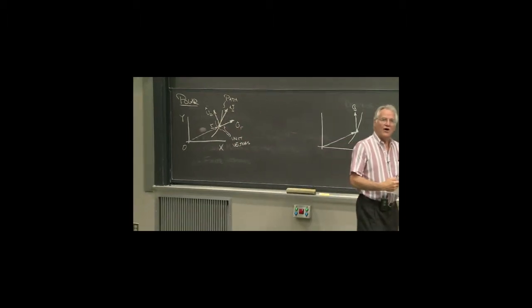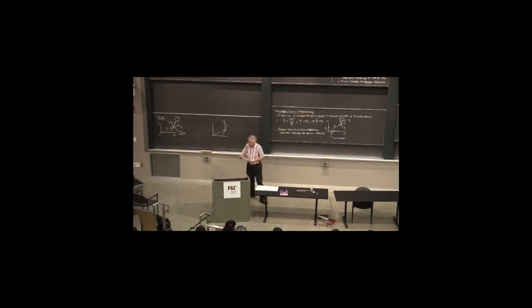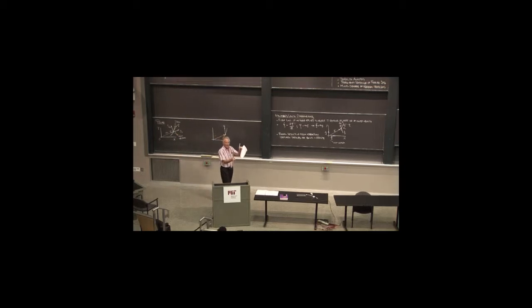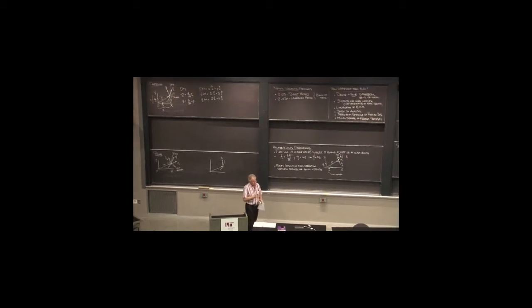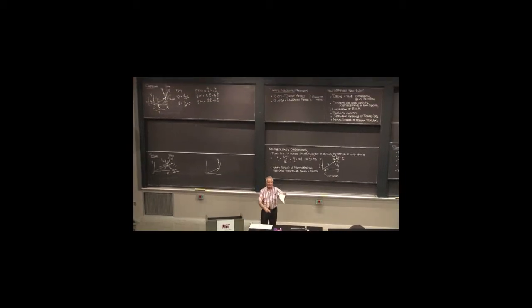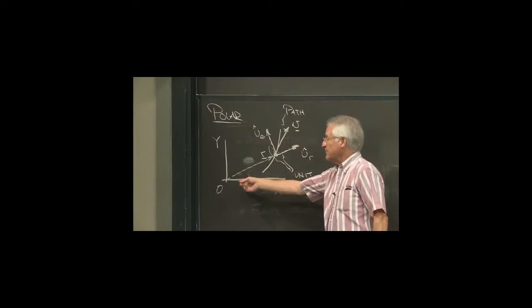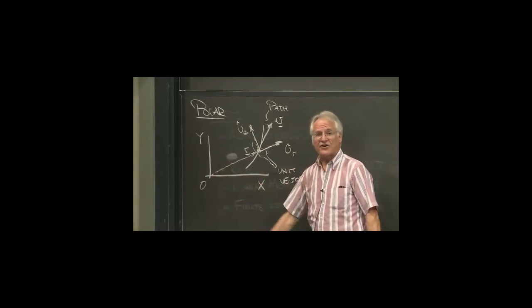What these do is define basically two new directions. The Cartesian axes defined the simple directions, this way and that, horizontal and vertical. This one's a little squirrelier. This direction is in the direction of the vector r.